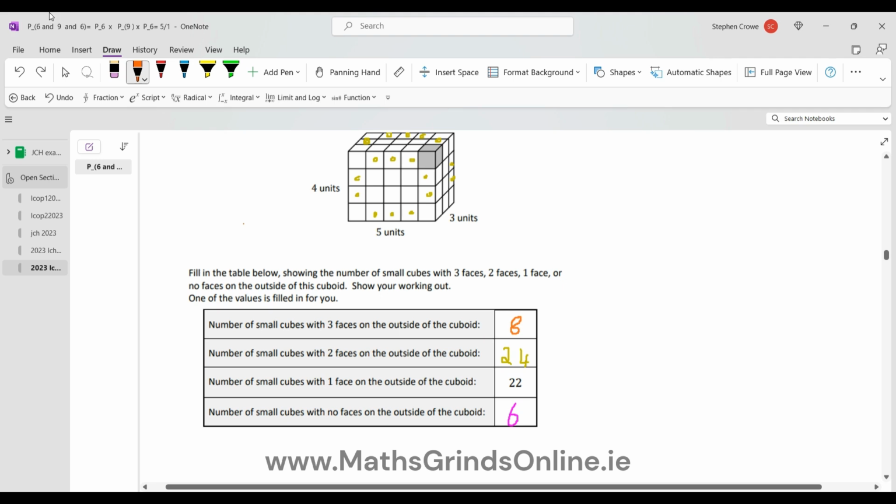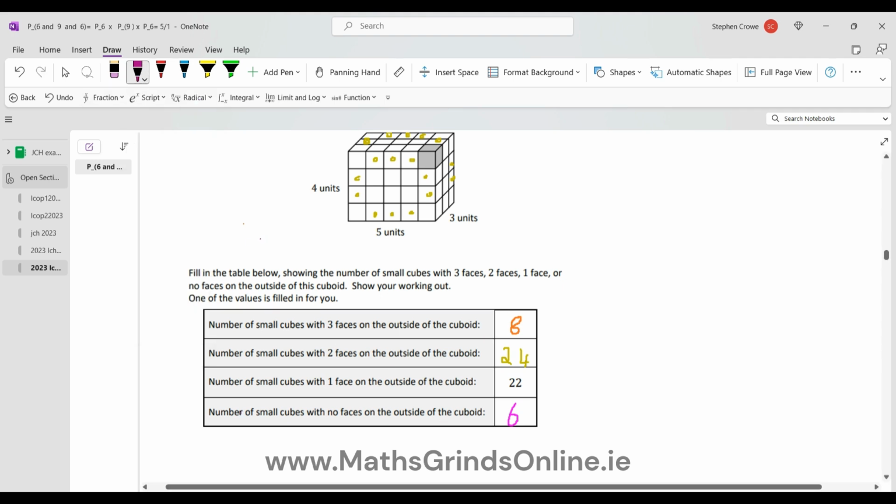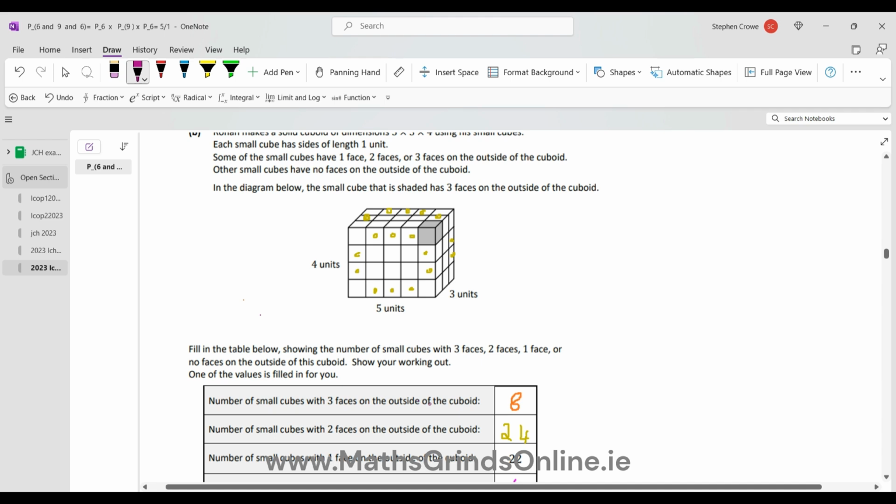I'll grab the pink coloured pen then. The number of small cubes with no faces on the outside. These are the ones in the middle. We've got 3 across the way here, but we're not counting those 3 because they have faces outside. So the ones underneath them are on this row, but on a row inside.